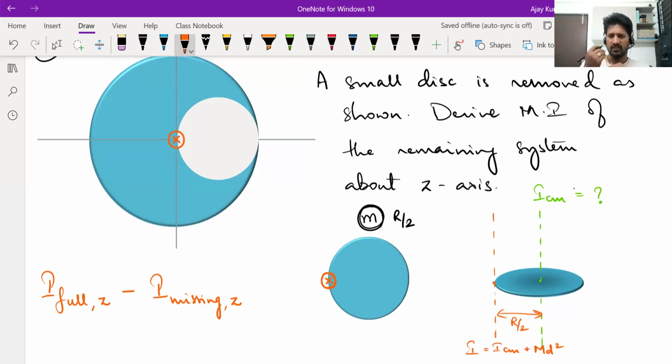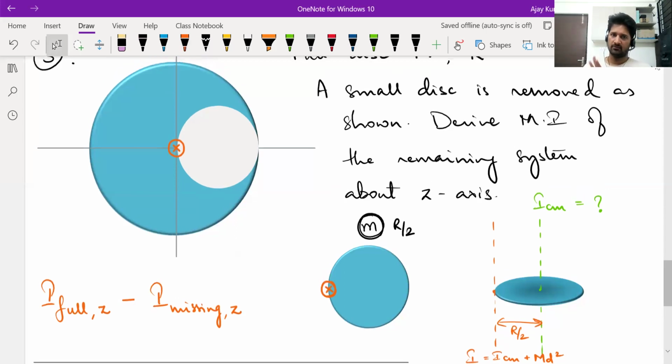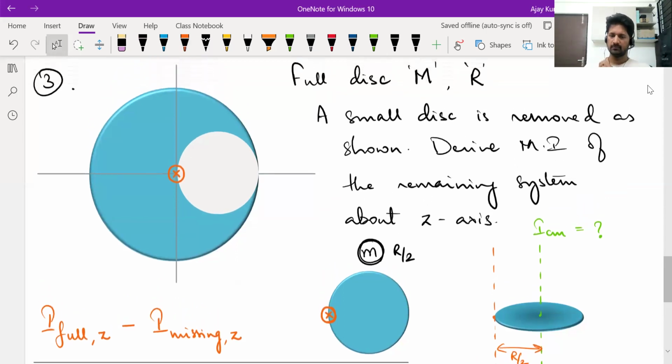Anyone else? How can we express the mass of this small disk? The small disk is a part of the bigger disk. How to express the mass of this small disk?